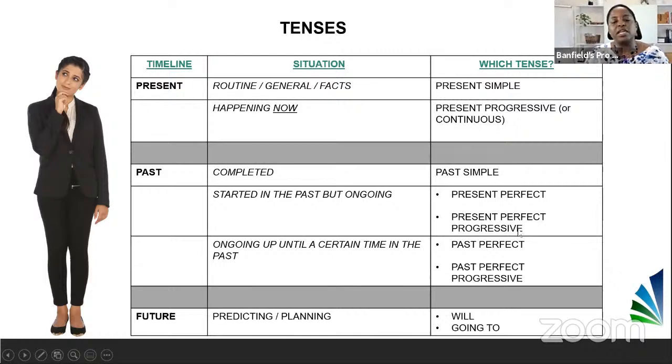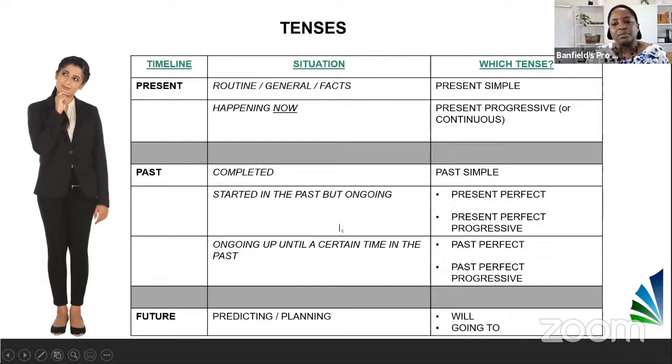It just depends on if you're on the British side of the Atlantic or the American side of the Atlantic. Okay. So present perfect, an example which you will see is things like, I have taught English for 8 years or 7 years, okay?